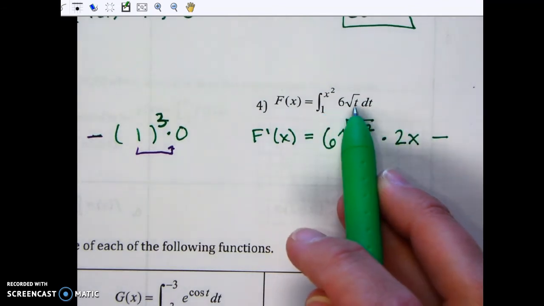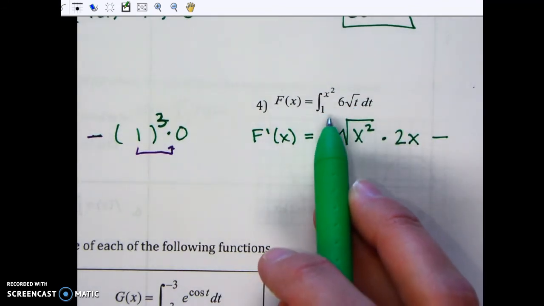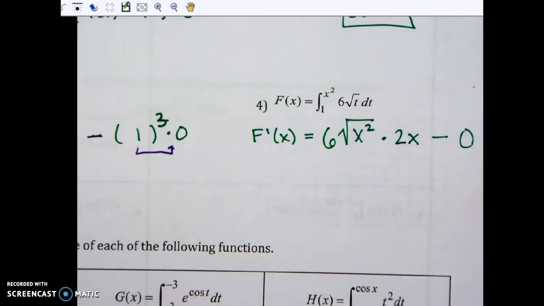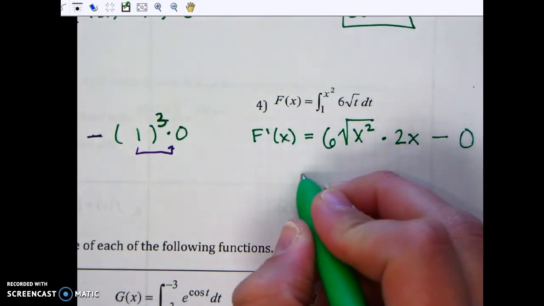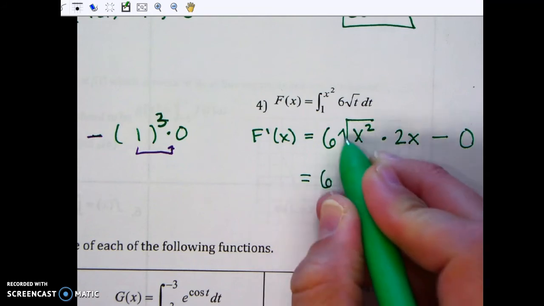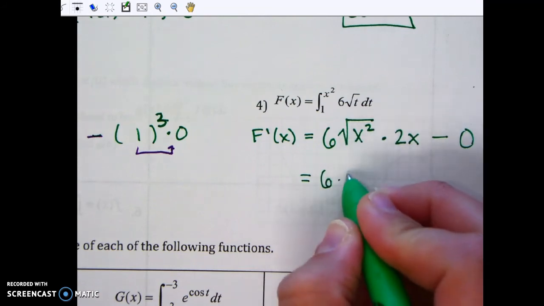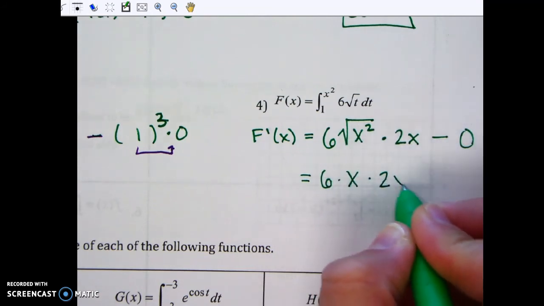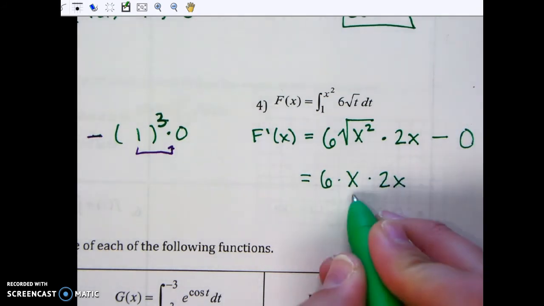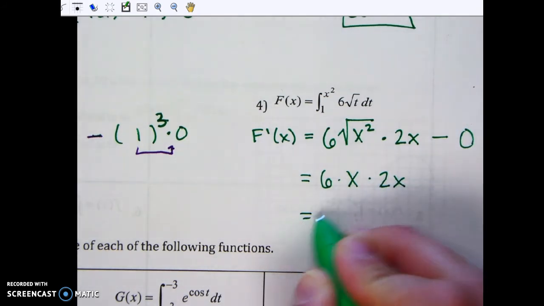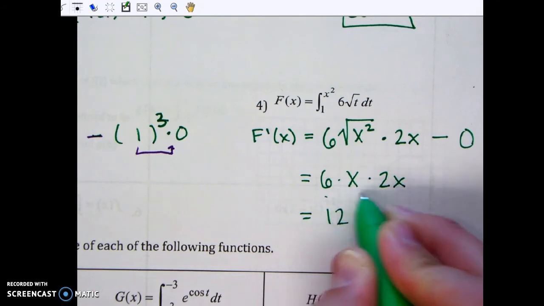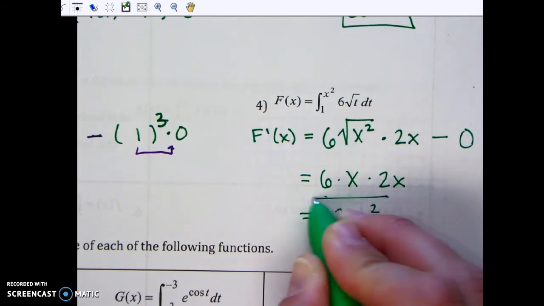We're going to plug in 1, but then we're going to multiply by the derivative of 1, which is 0. Can this be simplified? Can we simplify the square root of x squared to get x? Yes, we can. And then we have 6 times x times 2 times x. 6 times 2 is 12, and x times x is x squared.